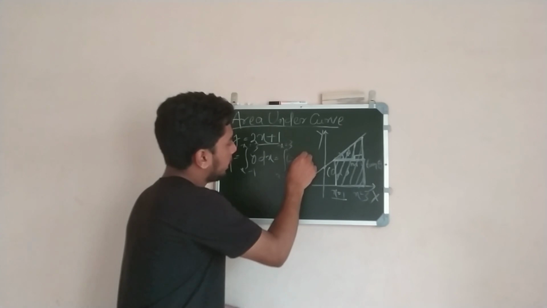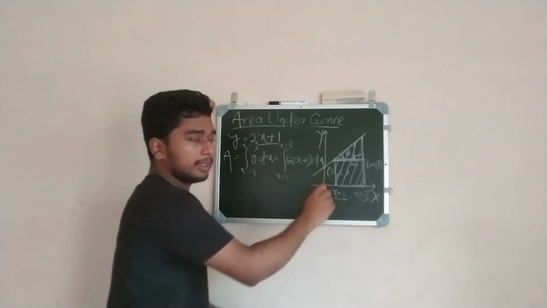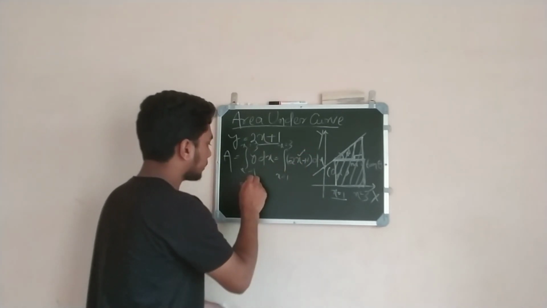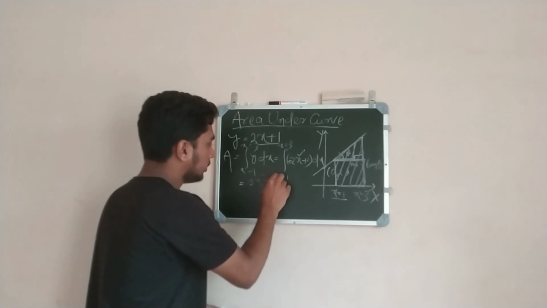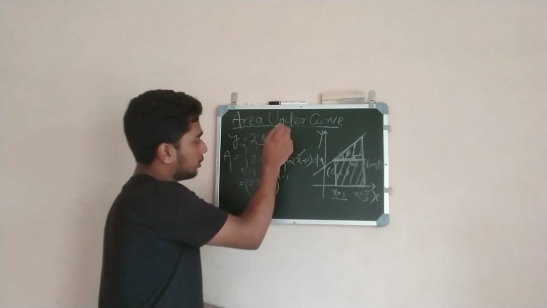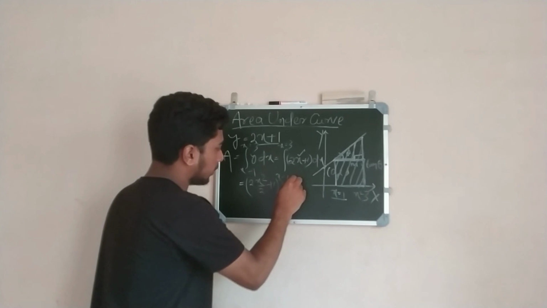So this will be the integral of 2x plus 1 dx. Just integrate this. So this will be 2 times x square by 2 plus x, with limits x is equal to 1 to x is equal to 3.